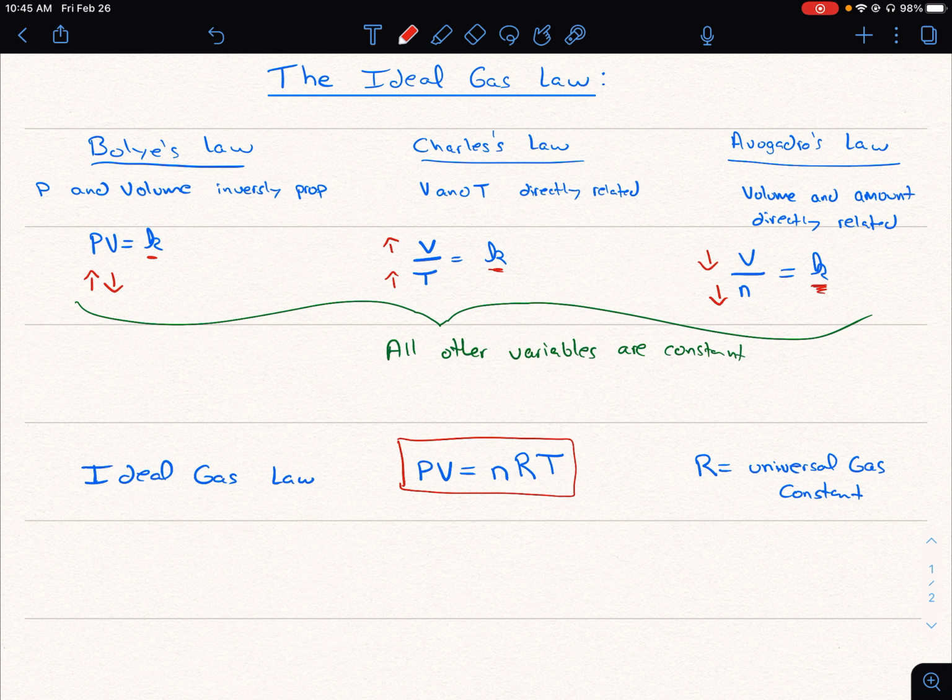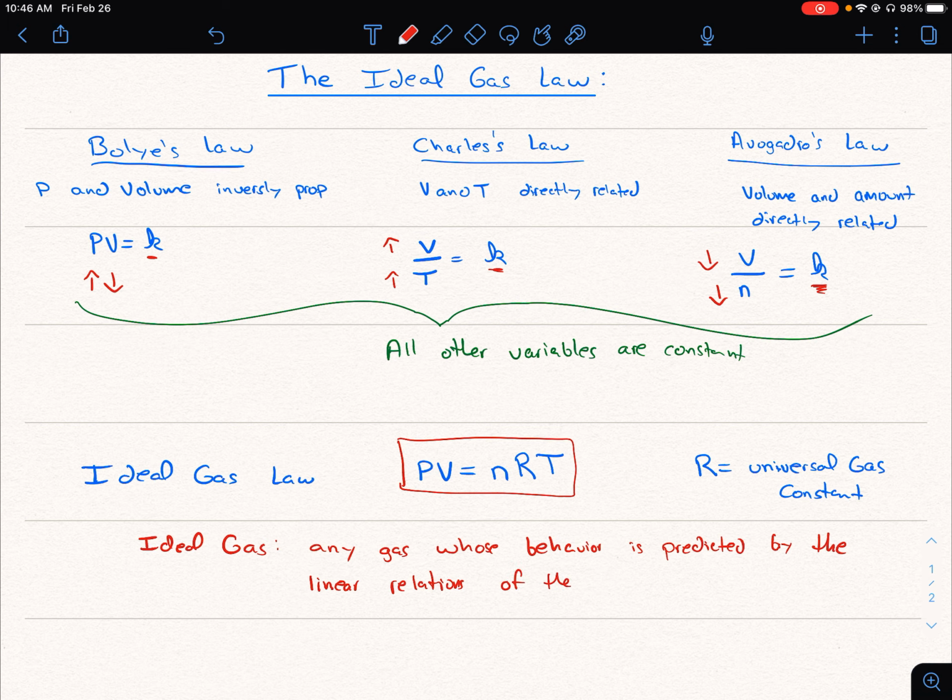And when we think about what an ideal gas is, we can define an ideal gas to be any gas whose behavior is predicted by the linear relations of the ideal gas law.